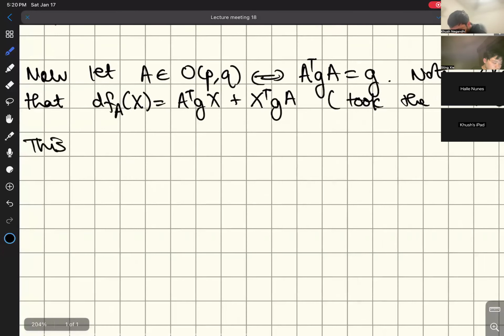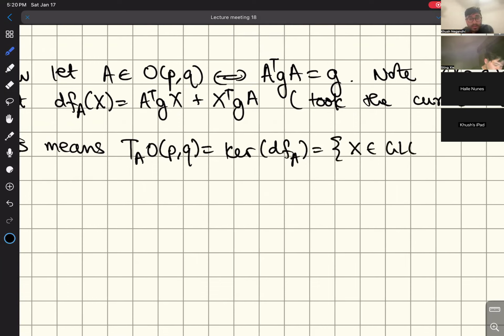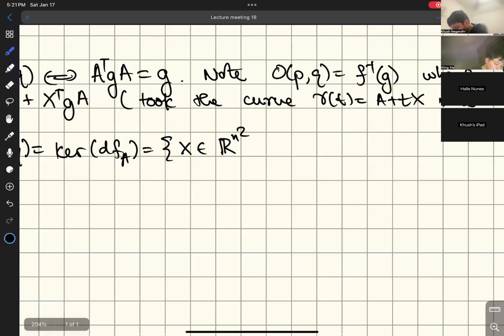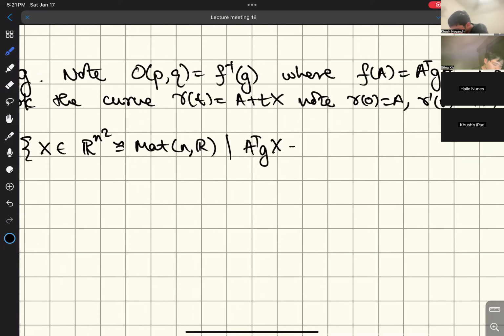This means that the tangent space of the orthogonal group is nothing but the kernel of dF at A, which means it's the set of all matrices in R^(n squared), the n by n matrices, such that A transpose GX plus X transpose GA equals 0.